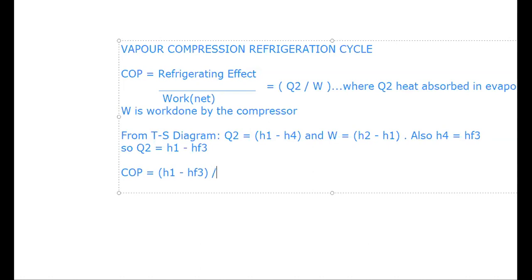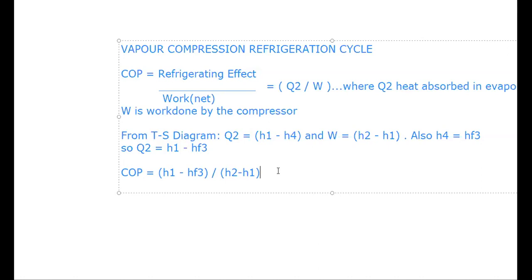Similarly, W I am substituting as H2 minus H1. These are the formulas for calculating the COP. So if I know the enthalpies at different points, I can easily calculate the COP of a vapor compression refrigeration cycle.